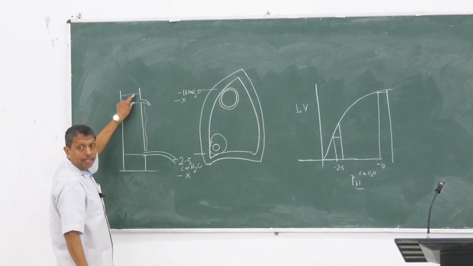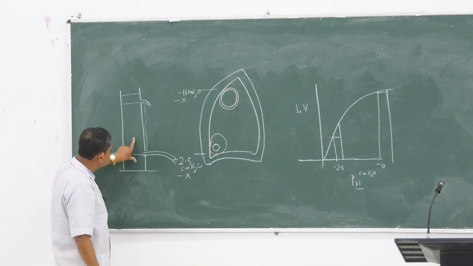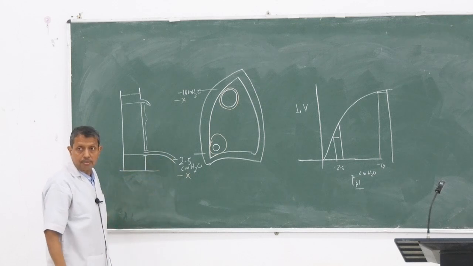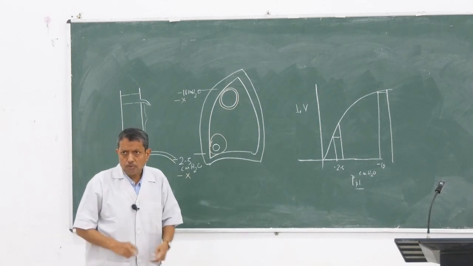Barometric pressure plus this height and barometric pressure plus this height, so it is much more, and the water comes to more distance. You can remember this in your physics text.